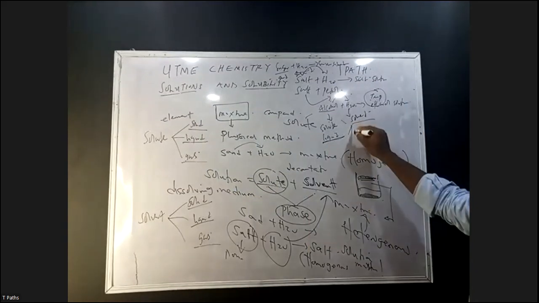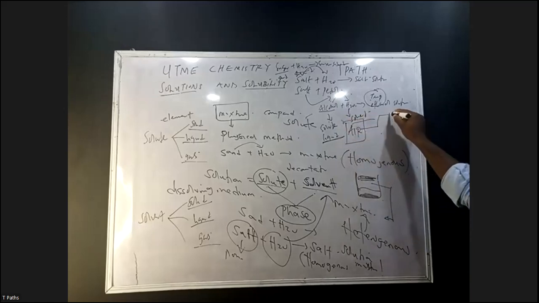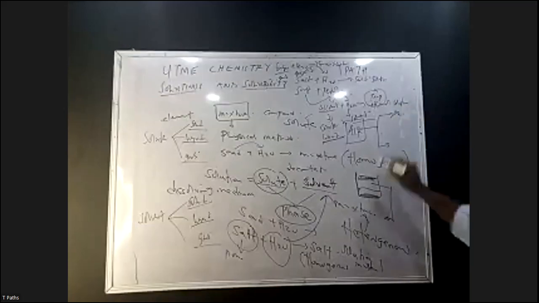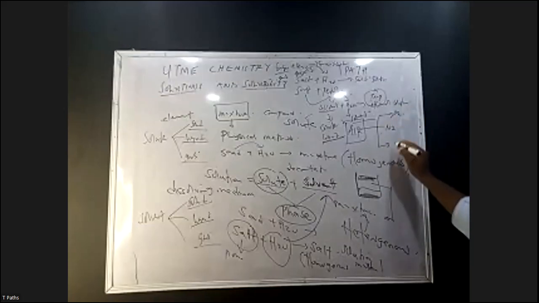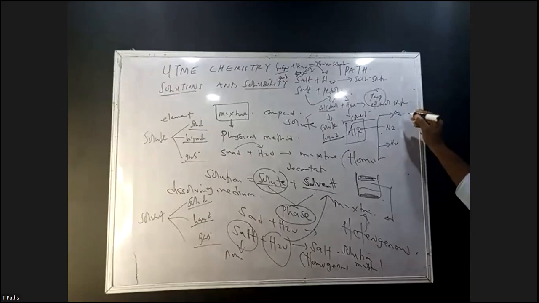Now let me tell you something. One of the topics we are going to look at is air. Air is a mixture of several gases. You have oxygen, you have nitrogen, you have some other trace gases. In fact, you have water vapor and some other things. But for simplicity, we always assume that air comprises two major things: oxygen and nitrogen.